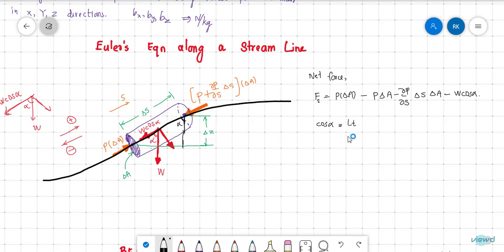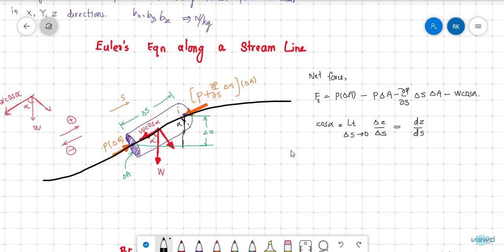So limit delta S tends to 0, delta Z divided by delta S will be the cos alpha. Since alpha is everywhere different, at a particular point that will be dz divided by ds, d by ds of z. So that is cos alpha.